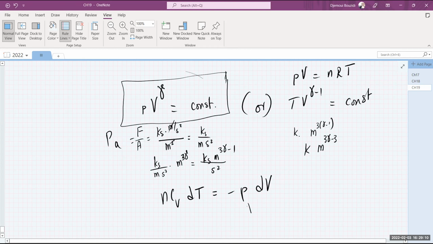So we played around with this expression where P is equal to nRT over V, and we basically moved things around and we integrated and we found that constant. And at the end of the day, we found basically this expression, TV to the power gamma minus 1. And from using the ideal gas law, we found PV to the power gamma.